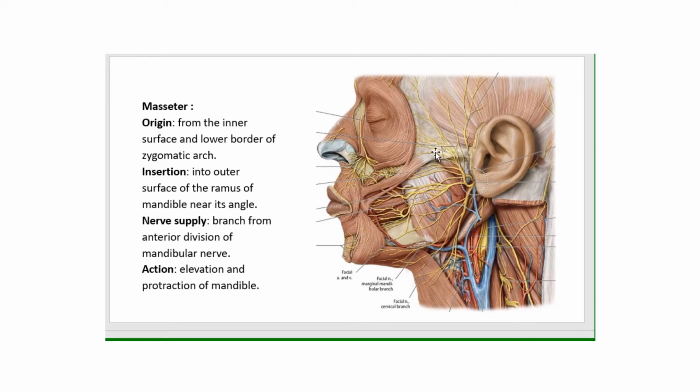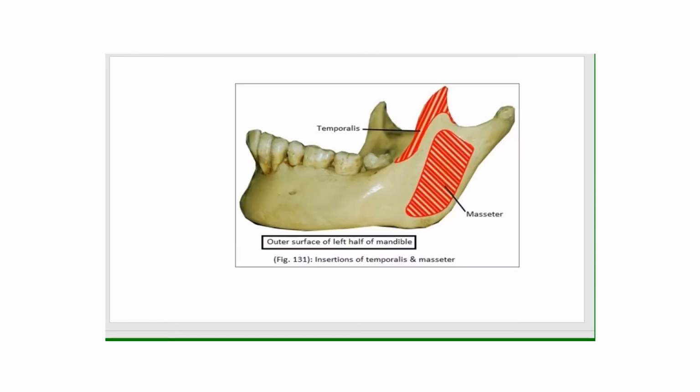This is the zygomatic arch. It is inserted into the outer surface of the ramus of the mandible near its angle. Here is the insertion of the masseter muscle. This is the insertion of masseter. This is the insertion of temporalis.